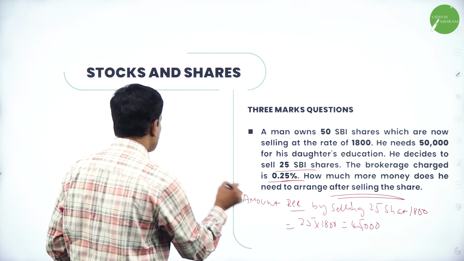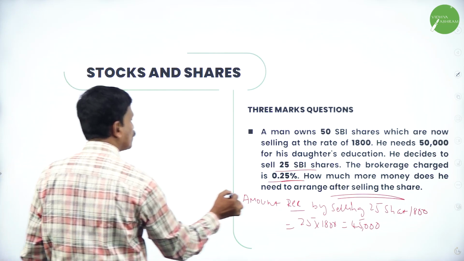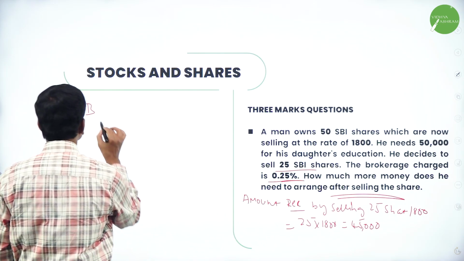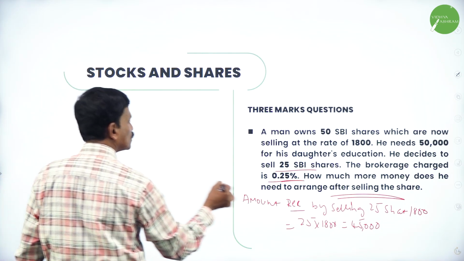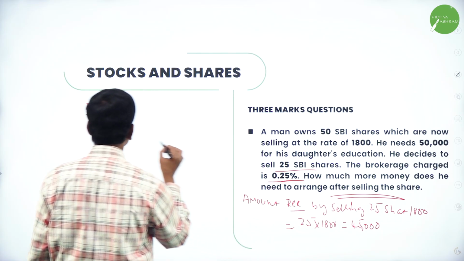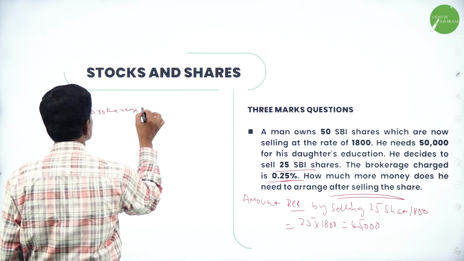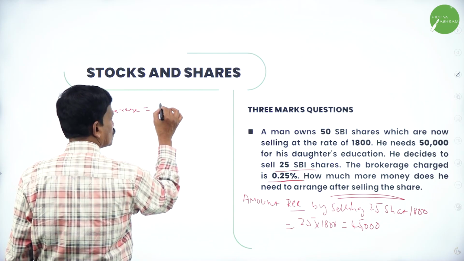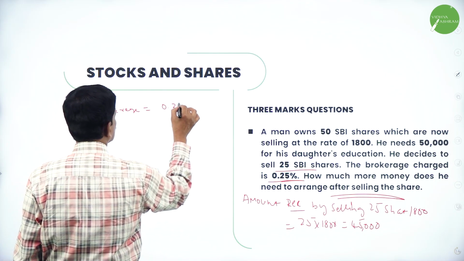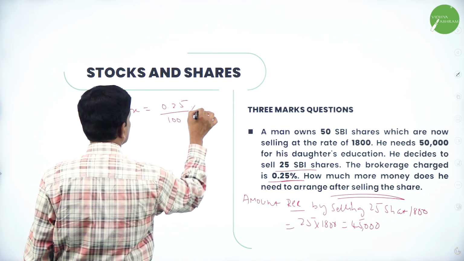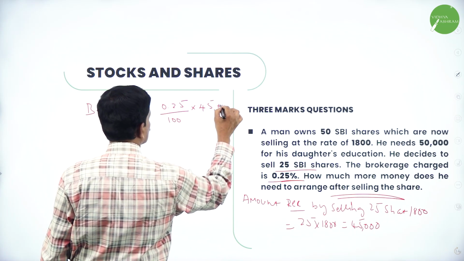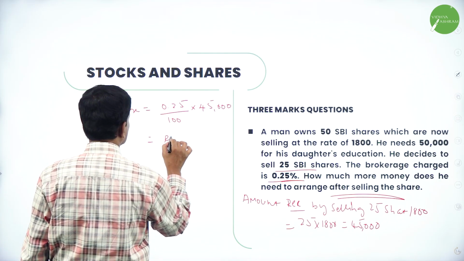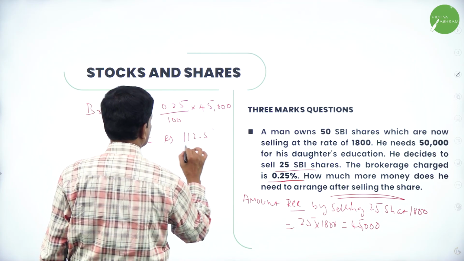Okay. Now just find out the brokerage. The brokerage, 0.25%, is equal to 0.25 divided by 100 into 45,000. So that's equal to rupees 112.5.